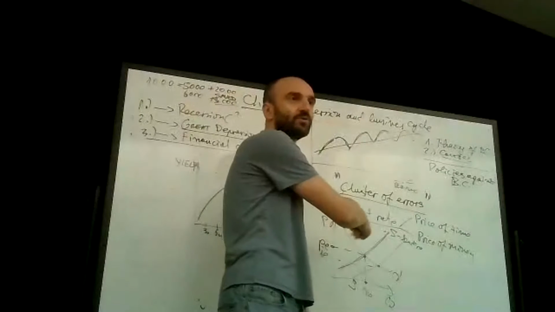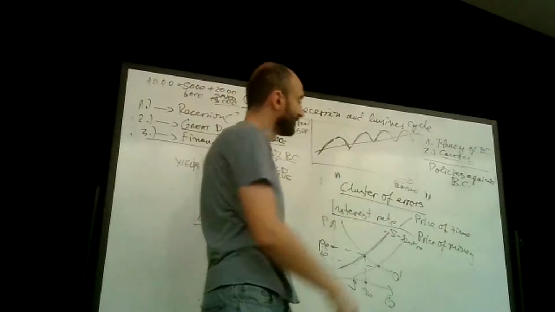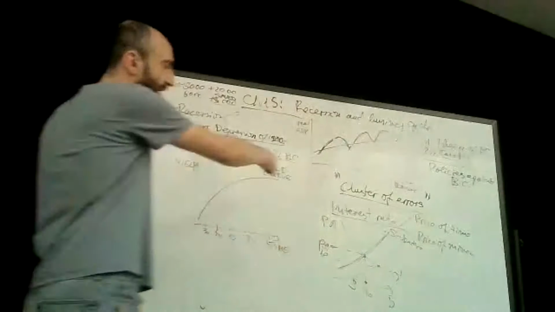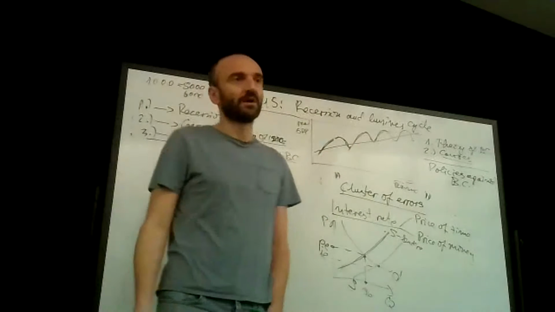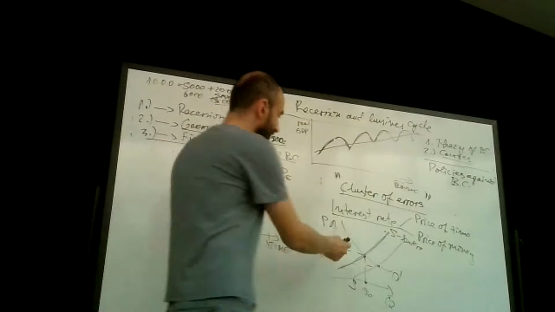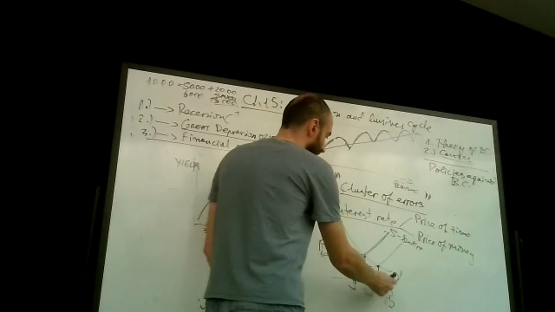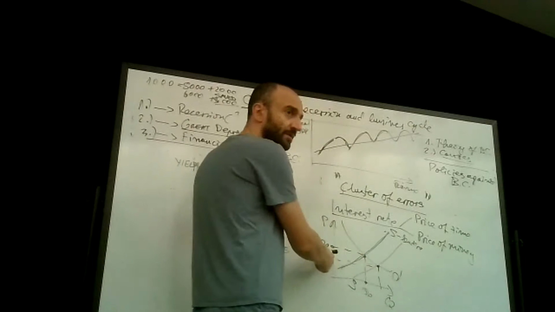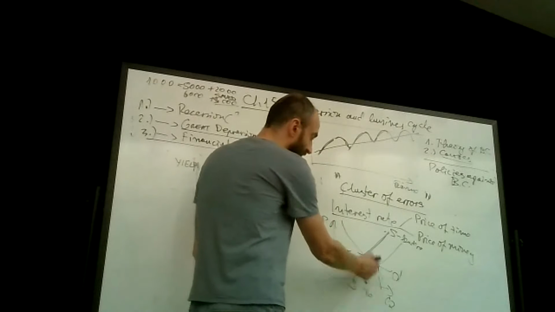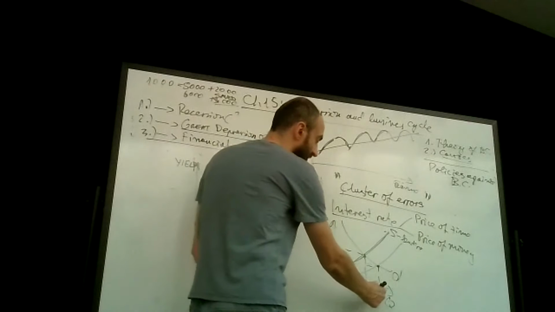So at every given interest rate now, people would want to lend more. If the demand hasn't changed in the meantime, greater supply will lead to lower prices, so a lower interest rate. So you see, this point here, the first graph, is the equilibrium quantity.